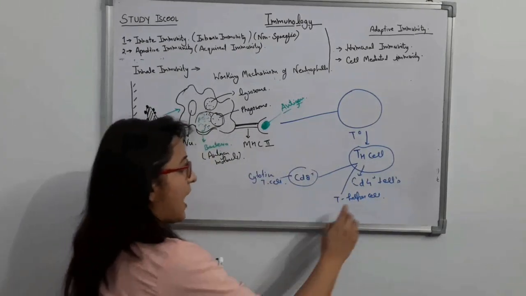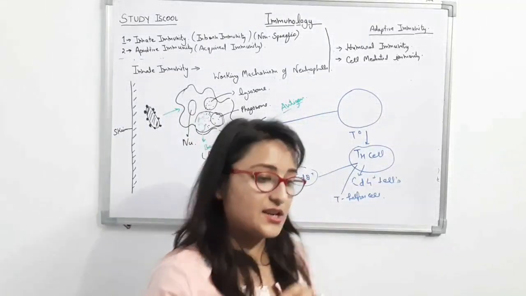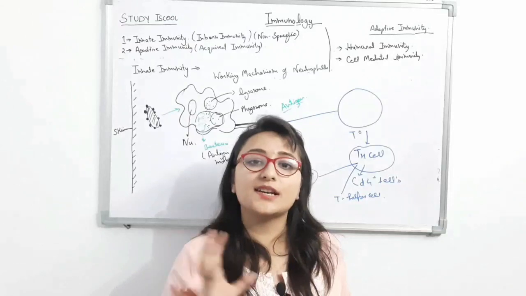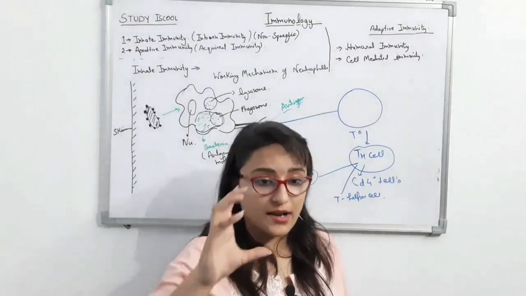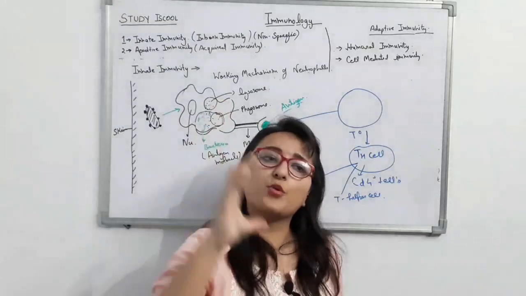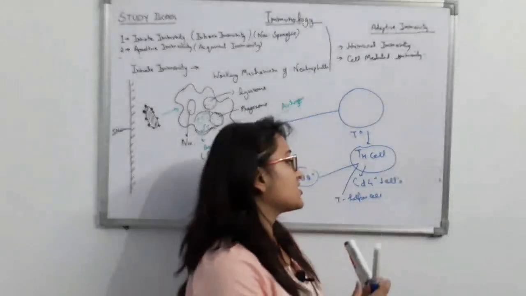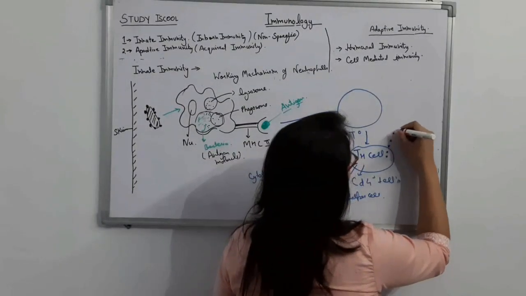Now after activating the T helper cell, it starts secreting interferons, interleukins and cytokines. All these substances are chemical molecules, special kinds of protein molecules which help in cell communication.